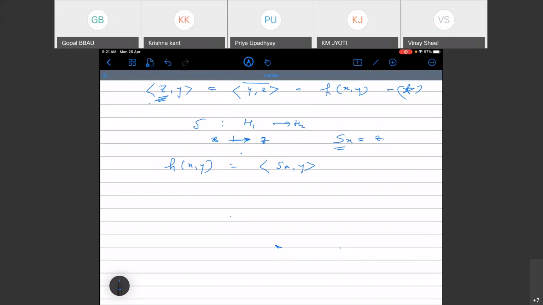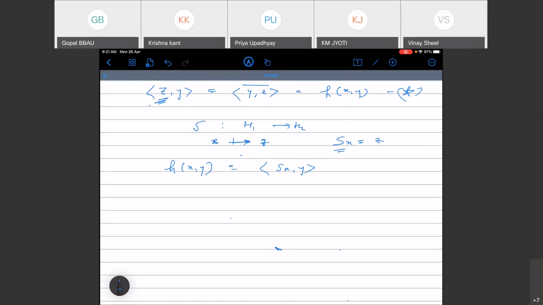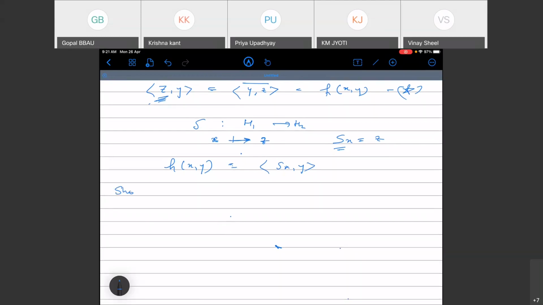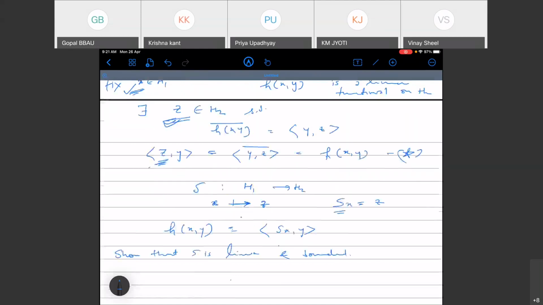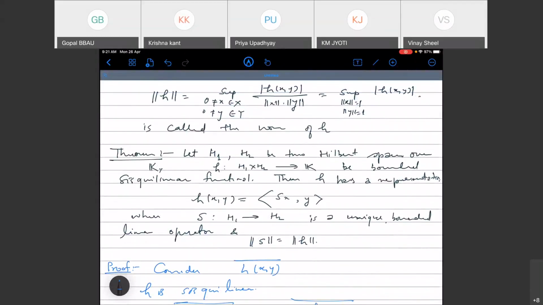No, sir. Okay. So now the only thing that you have to show is that this s is linear and it is bounded. This is what you have to show.